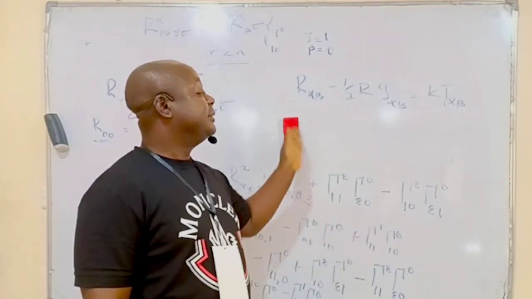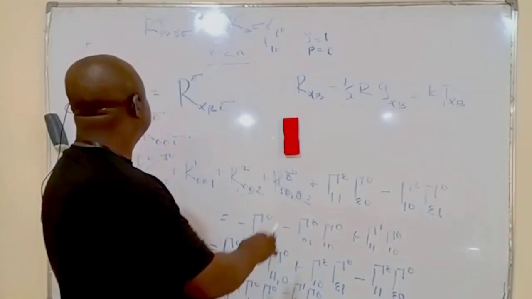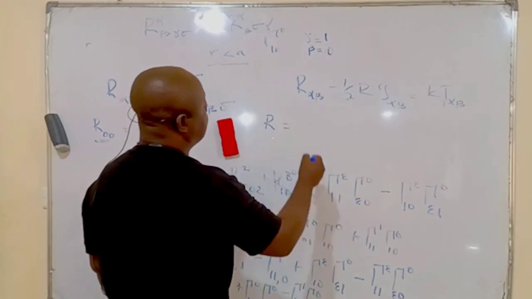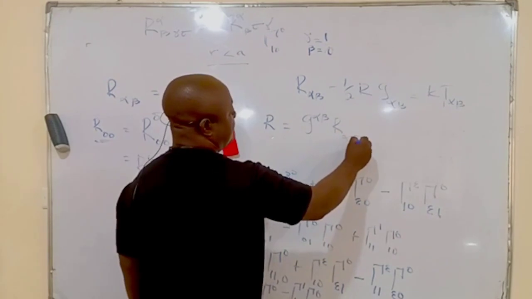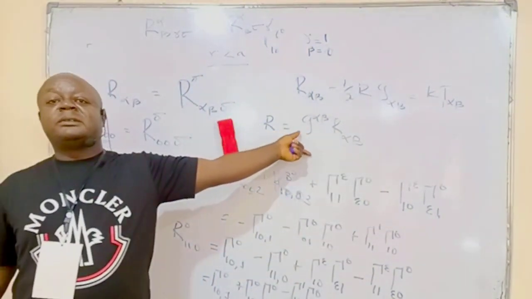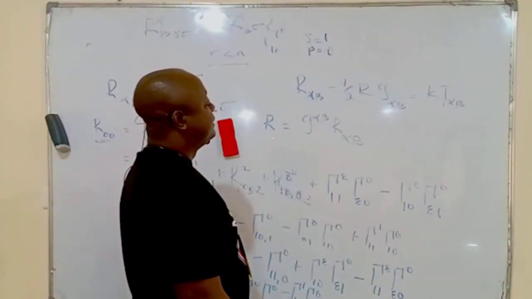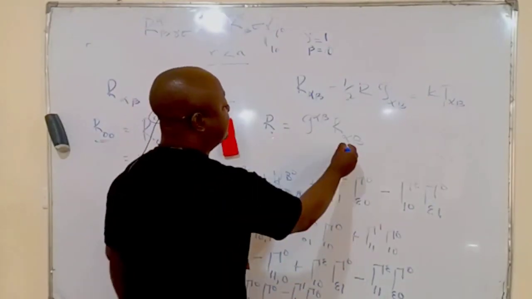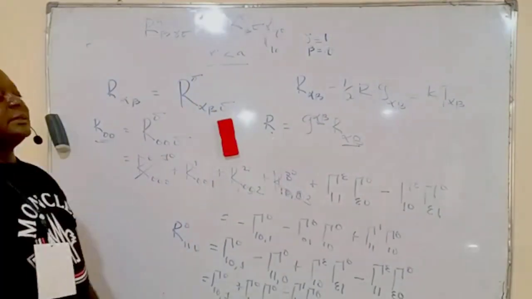And then to get your R, that's when we bring in the G. R is G alpha beta R alpha beta. That's when you get your R. So the R will now be determined by the surviving components.